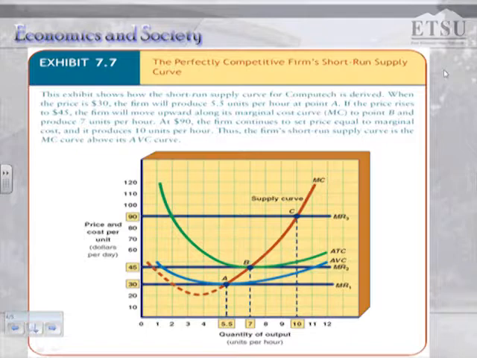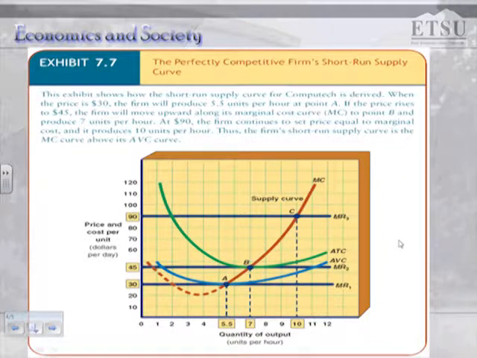If we look at the firm's cost curves, we have the marginal cost curve here in red. We have the average total cost here in green, and the average variable cost in blue there.